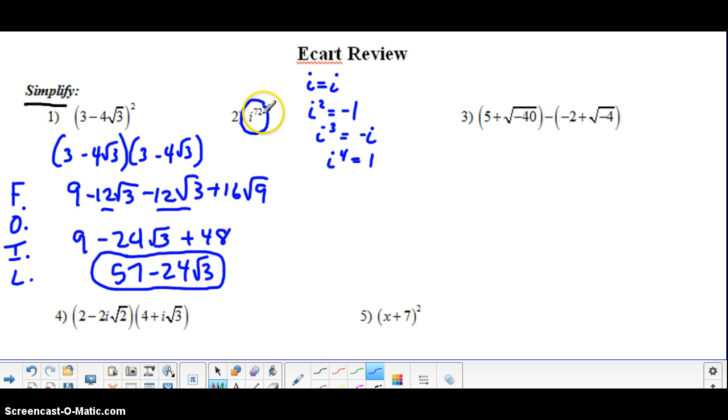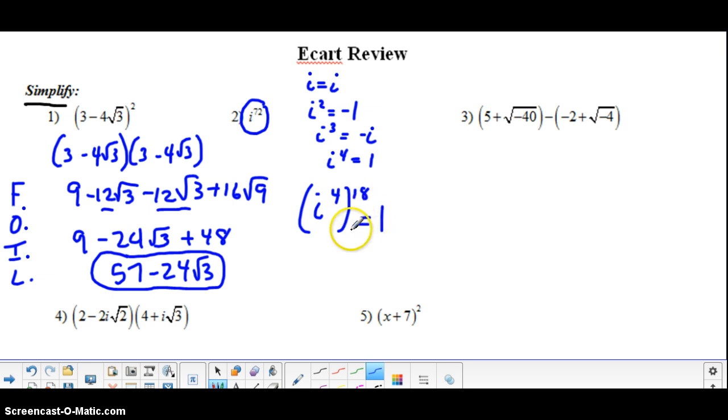Anytime we see a multiple of 4, this pattern repeats every 4th time. 72 is a multiple of 4, so 72 divided by 4 would be 18. So we can represent this power of 72 as 4 times 18, and realize that i to the 4th is 1, so 1 to the 18th would be 1.